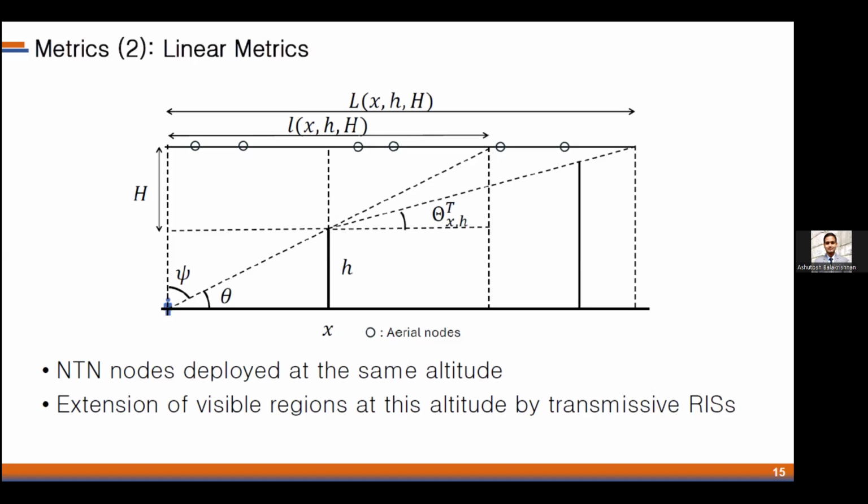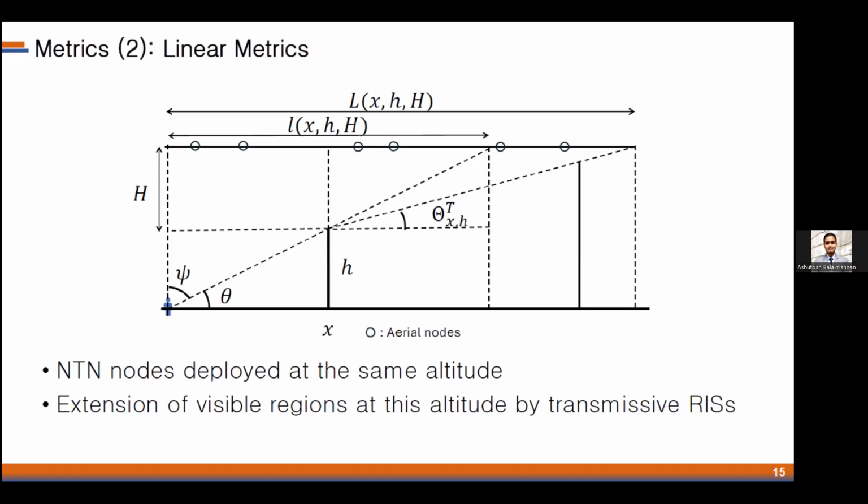We also try to see the gain of the RIS in the linear domain. I should say this first: I will deploy NTN nodes at the same altitude, as in the circles.